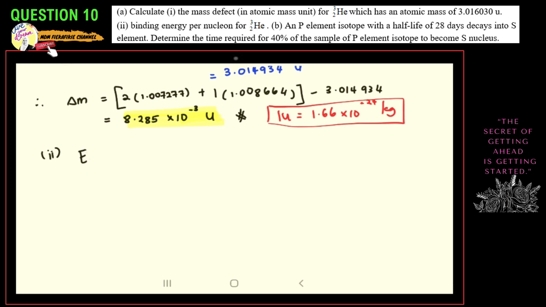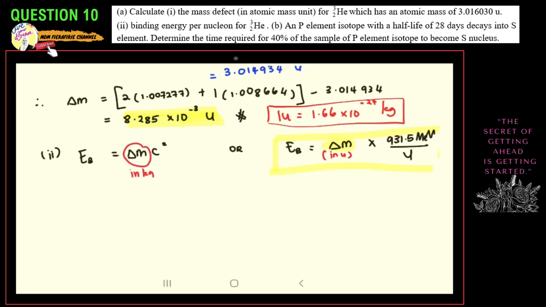So binding energy is equal to delta M C squared, or EB is equal to delta M times 931.5 MeV over U. So we will use this equation since delta M here in unit U. If your mass defect here in kg, then you can use the other equation.